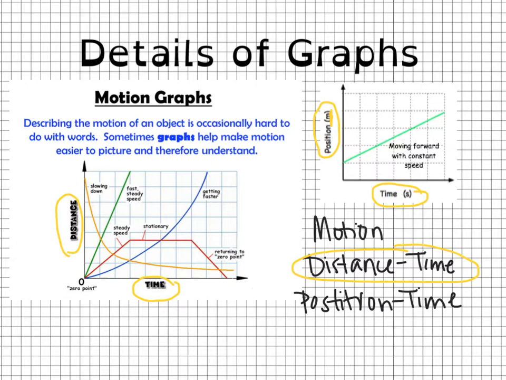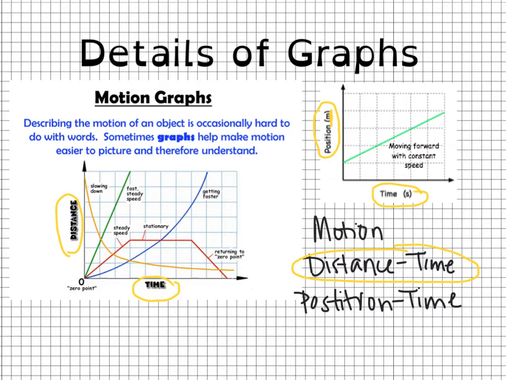One other little heads up is that some of these things might be very obvious and make a lot of sense, and some might be a little tricky, because we're not just looking at how fast an object's going, we're looking at how it is moving: what is its distance from its starting point to its ending point?